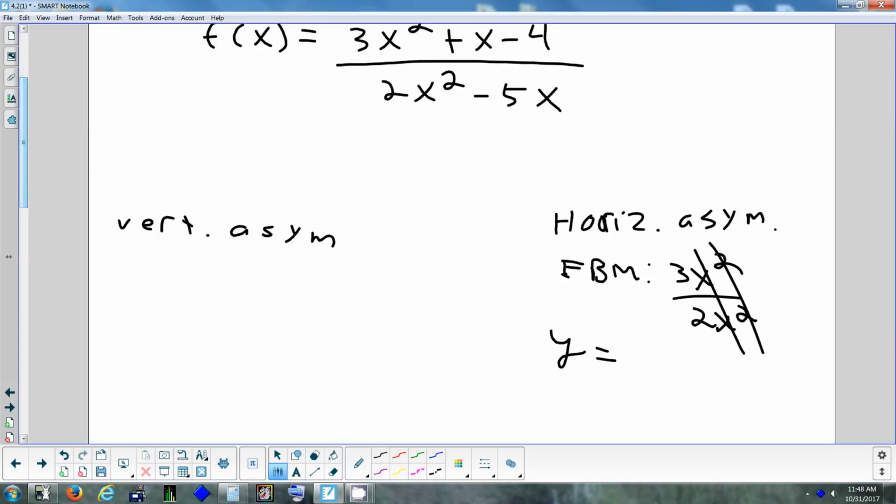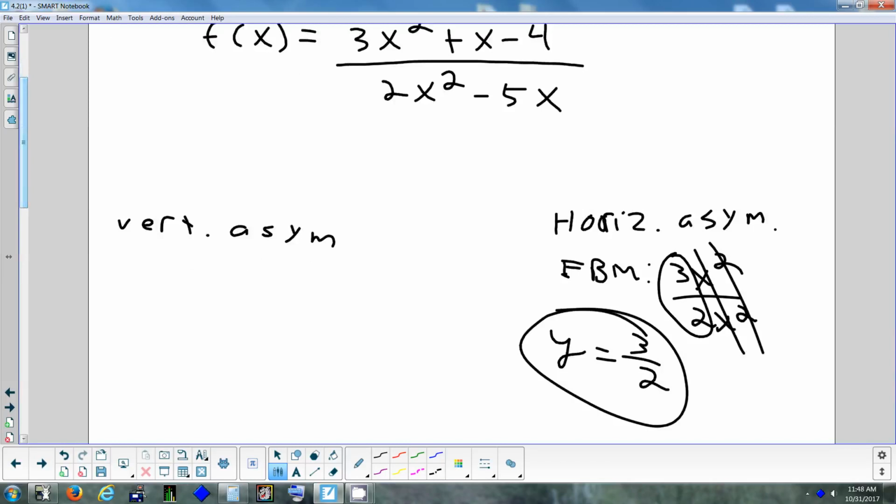So now, looking at that fraction, as x gets bigger and bigger in this fraction, what does that fraction approach? 3 over 2. Okay, we did one like that before. There is no x. So if there is no x, there's nothing to do. And now 3 over 2, what is that as a decimal?